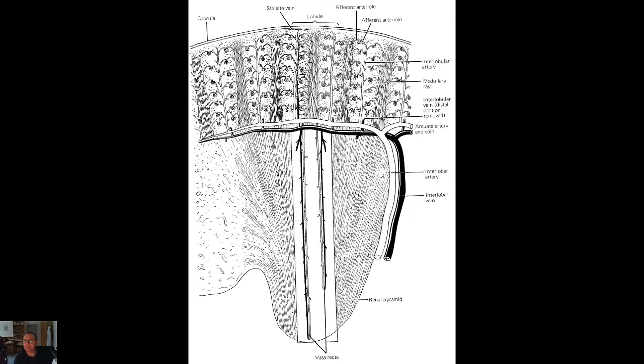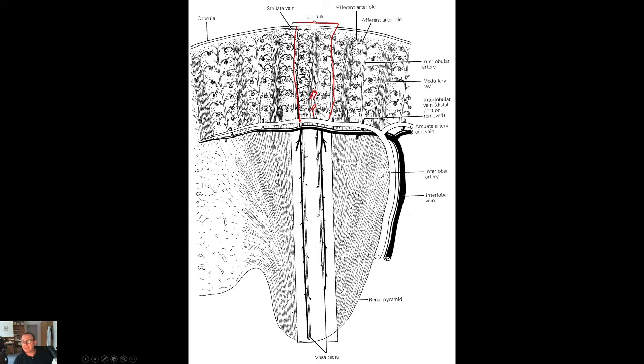Yes, and here is once more how to define the renal lobule. So lobule is medullary ray in the center, it is this, and surrounding cortex. And you can see that there are arteries at the border of lobules.